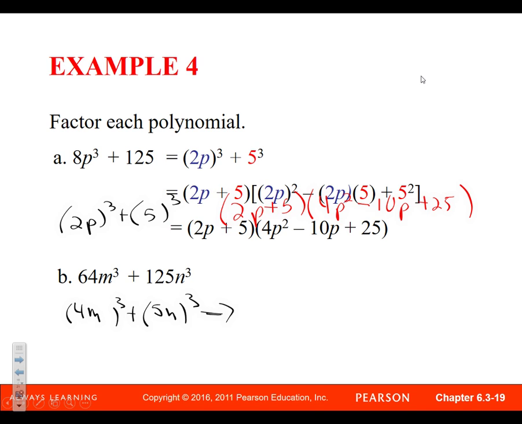So it would be 3. So that makes it the third root of the 64. And then that's going to tell you what goes in there.